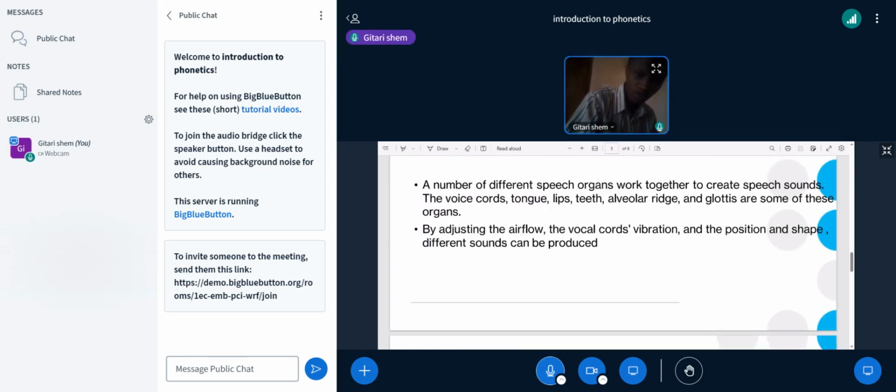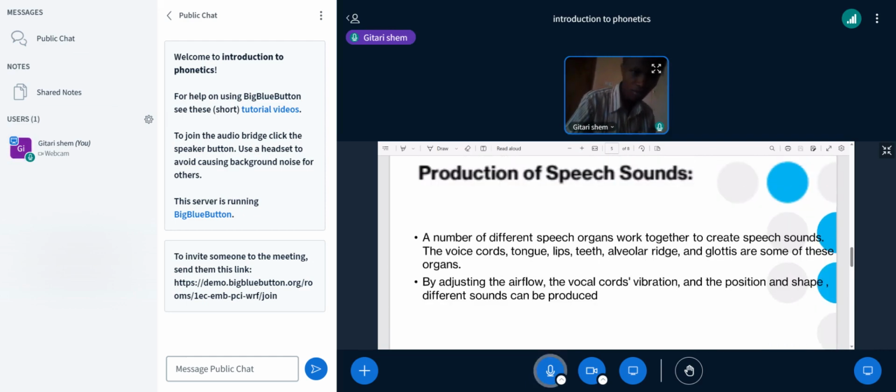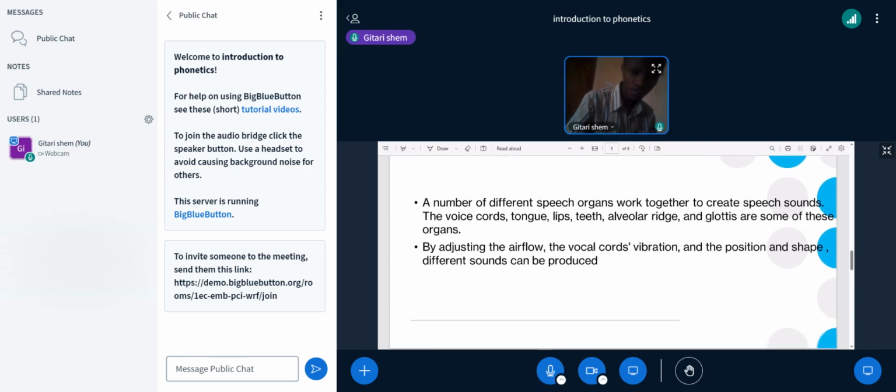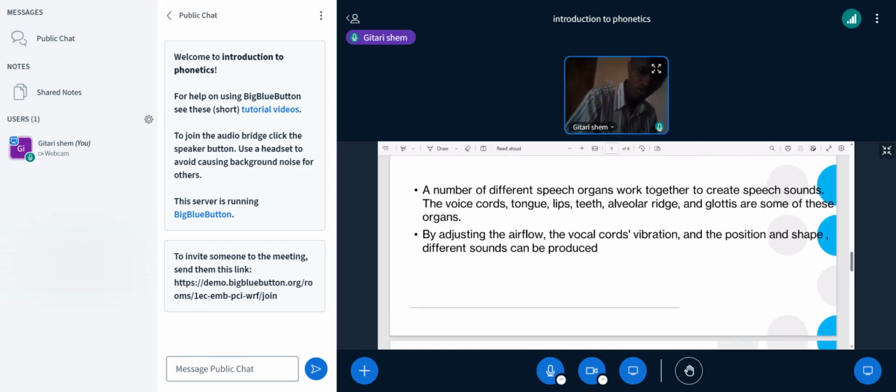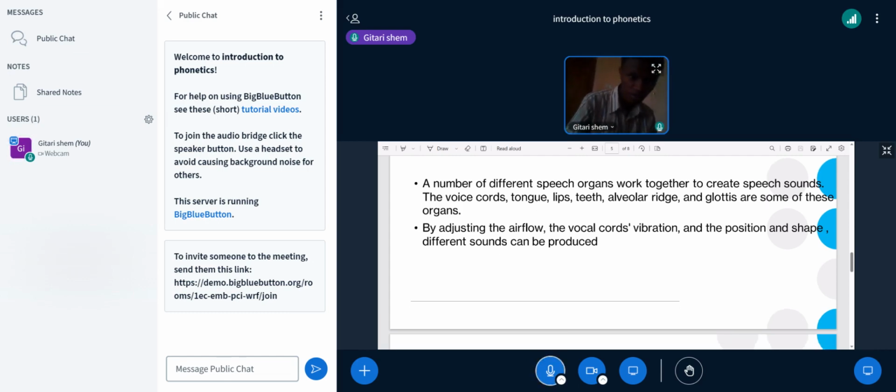So the position of the lips, the position of the teeth, the position of the tongue determines the speech sound production. Also the shape of the lips, how the tongue is shaped, the position determine the different sounds that are produced.